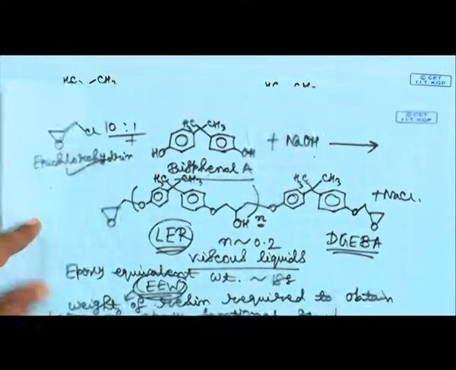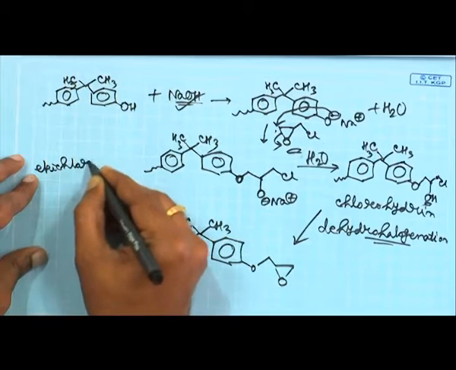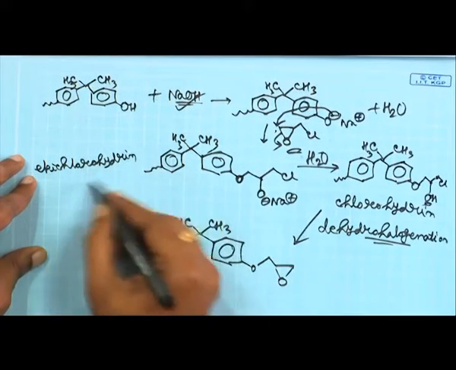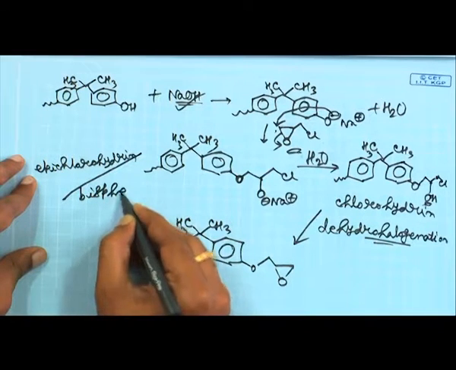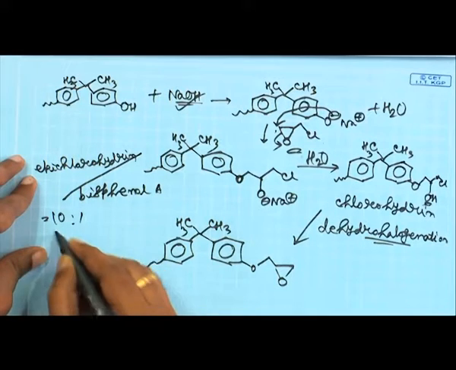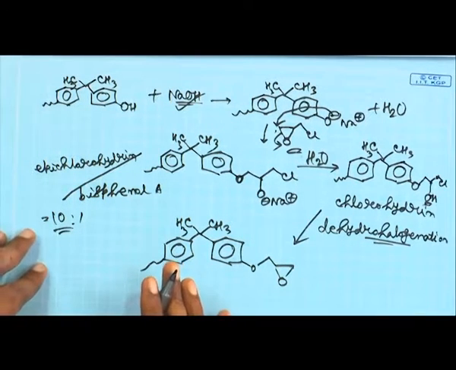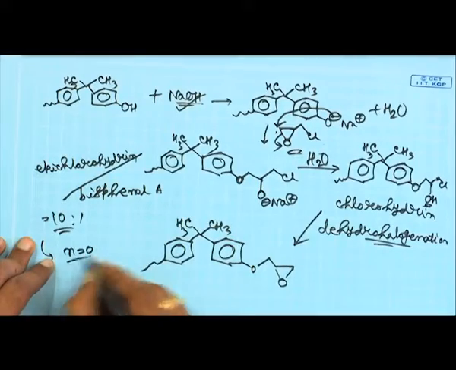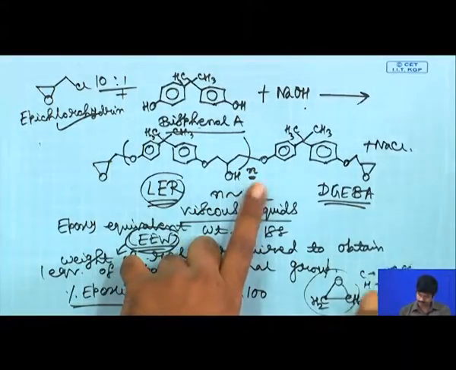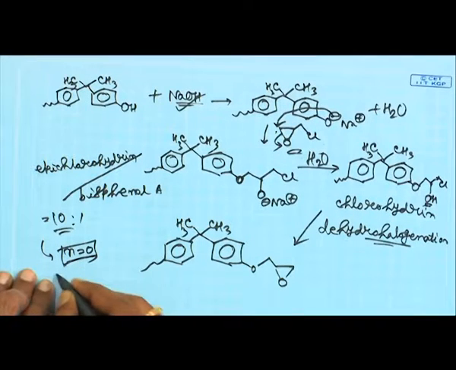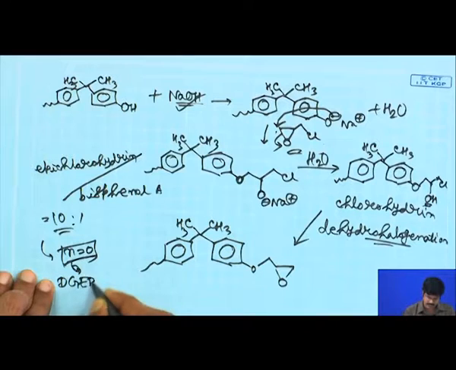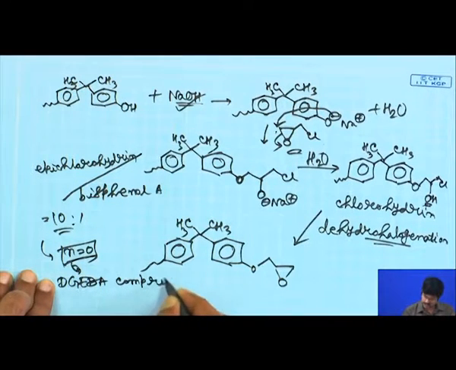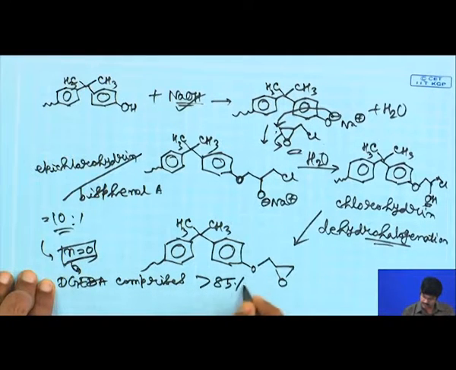All right. And in fact, here if you are using epichlorohydrin to bisphenol A, this ratio, if you are taking 10:1, then you will have the maximum amount, it will be N equals 0, the product will be your diglycidyl ether of bisphenol A. This monomer, the DGEBA, diglycidyl ether of bisphenol A, will comprise more than 85% of the reaction mixture.